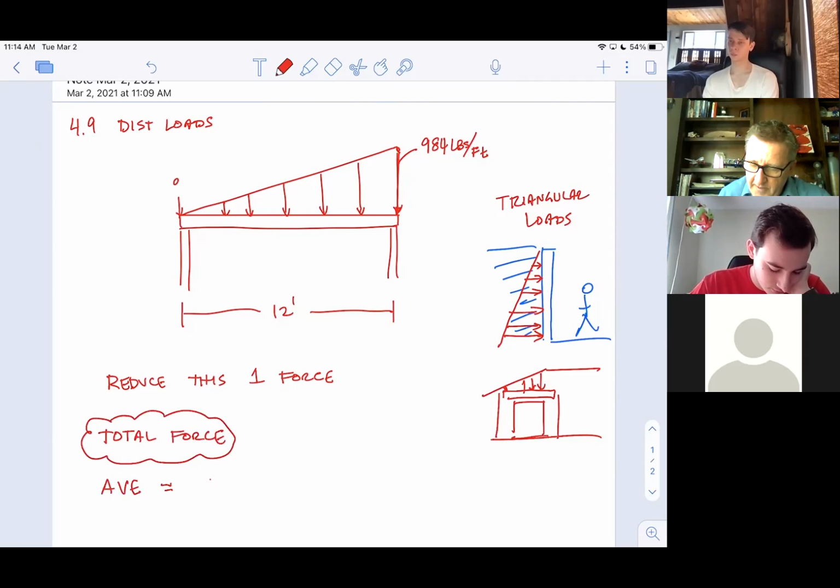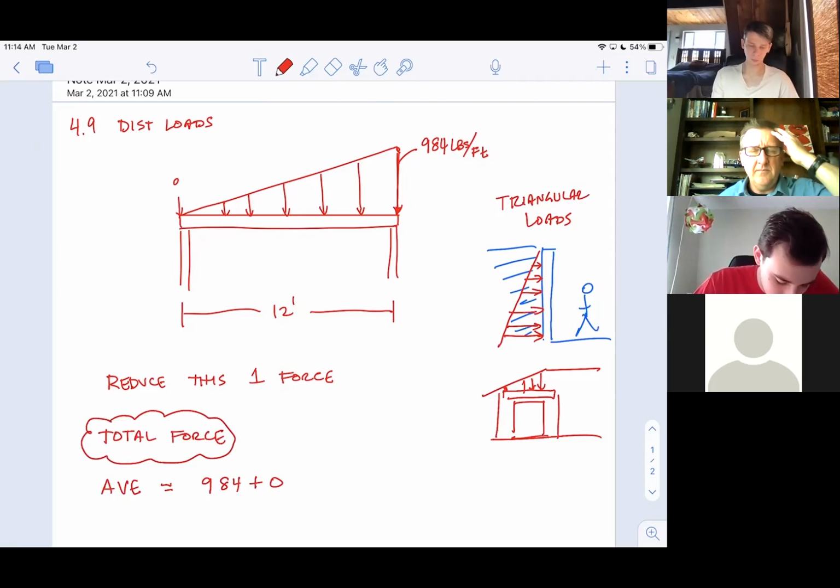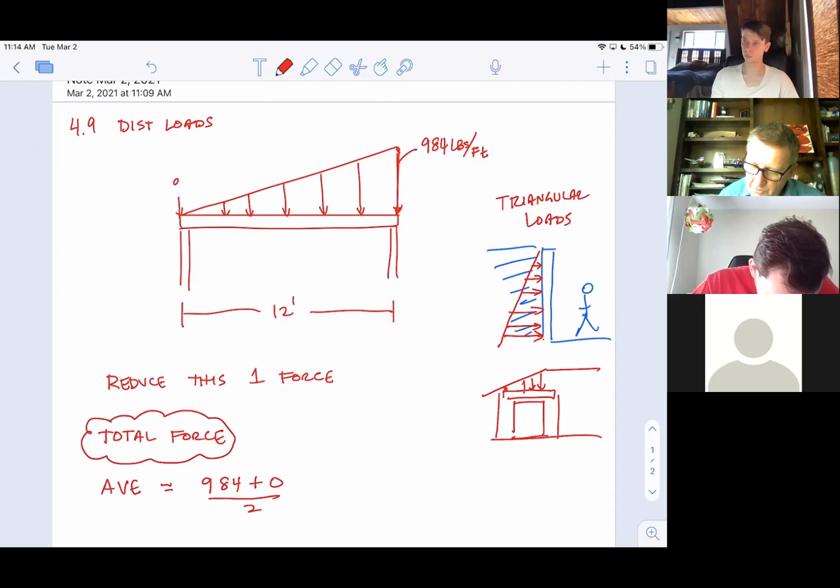In other words, if I take 984 on one side plus 0 on the other, and by the way, we're going to have trapezoidal loads where the other side isn't 0. So that's kind of why it's good to think this way. So if I take those two and I divide by 2, isn't that going to be the average of those? So 984 divided by 2, I get 492.